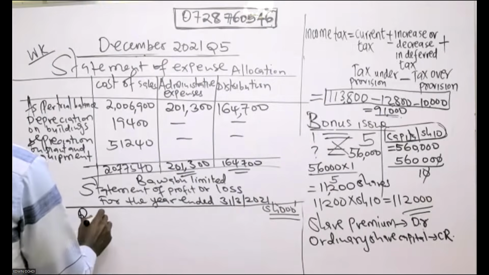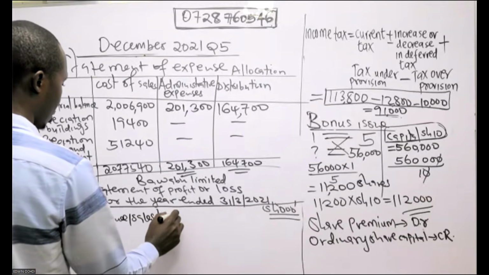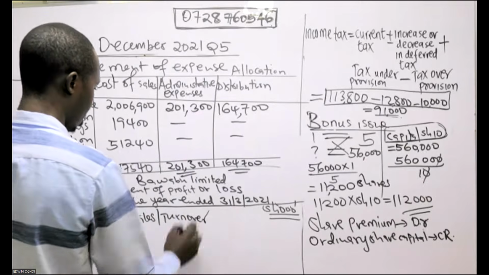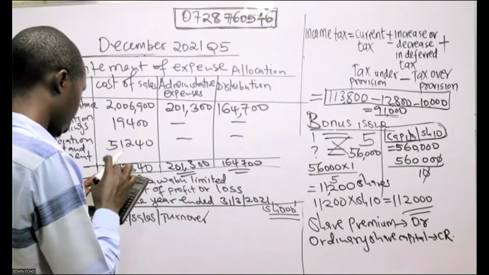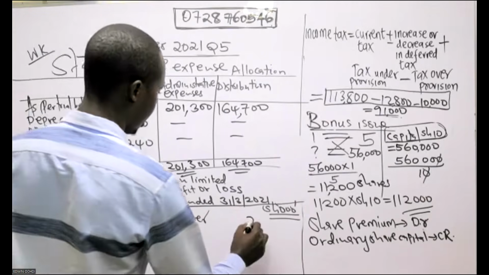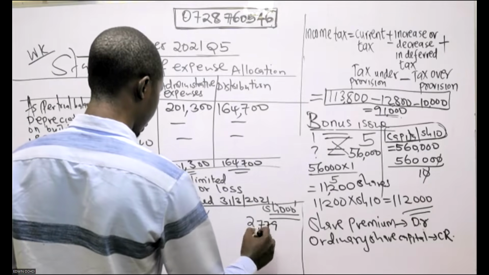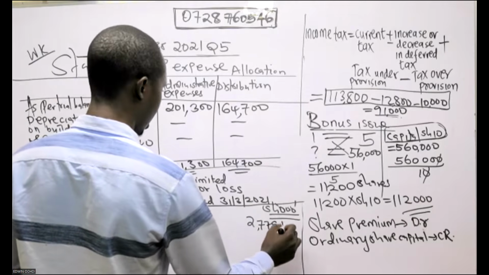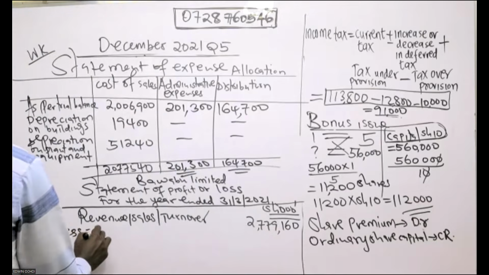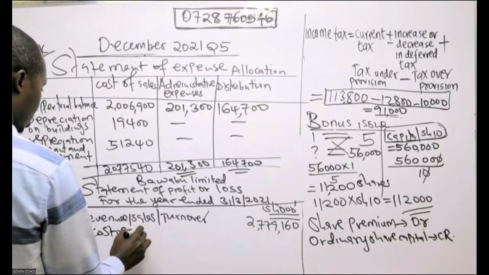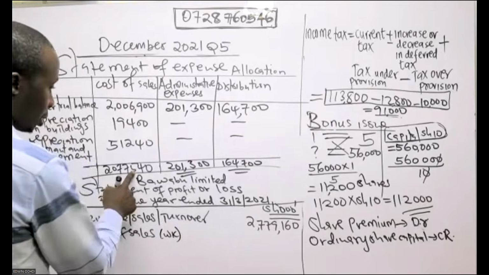So we start from revenue. I say this one can be sales, or it can be called turnover. So this one is 2,779,160. Then less the cost of sales. This is working. That is why I did this.